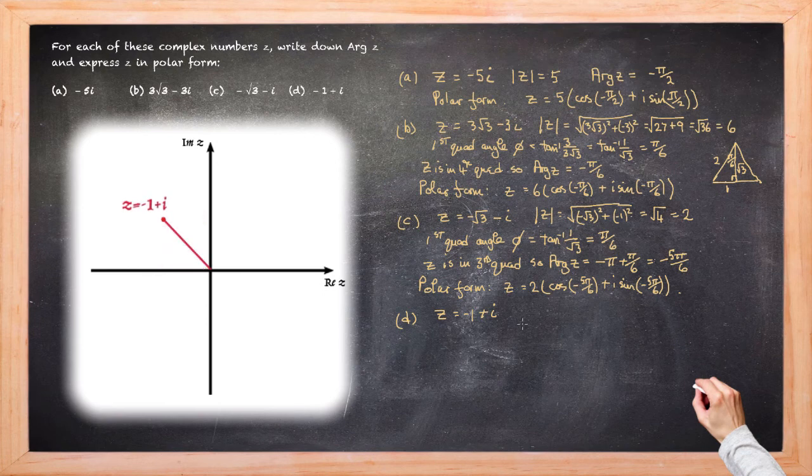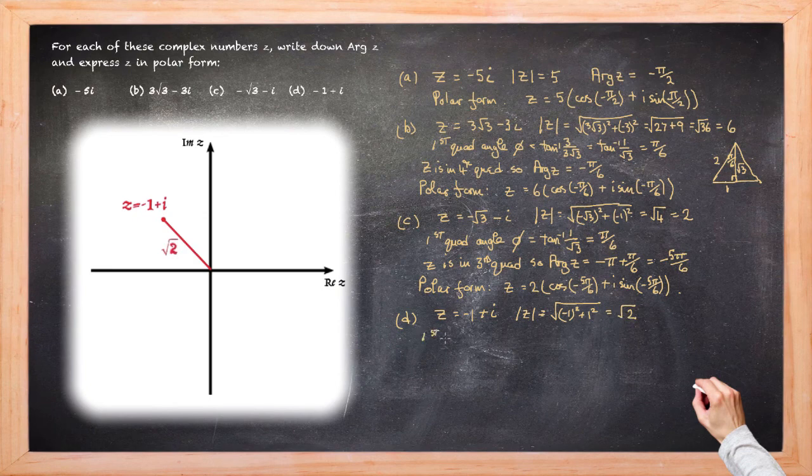So let's look at the modulus of this number. So the modulus of z is the square root of the real part squared, negative 1 squared, plus the imaginary part squared, which is 1 squared. So there's 1 plus 1, that's square root of 2 for the modulus.